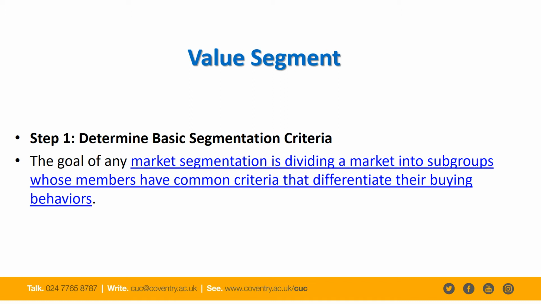Sometimes geographic and demographic are grouped together, but I like to separate them into 4 different groups. Here the goal of any market segmentation is dividing it into subgroups whose members have common criteria that differentiate their buying behaviors.